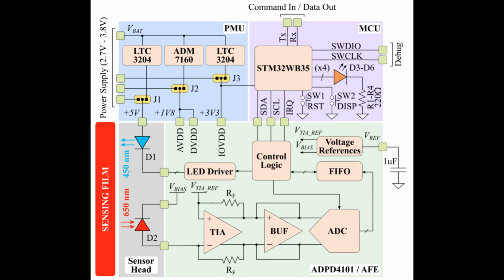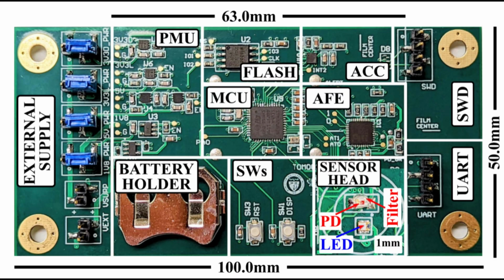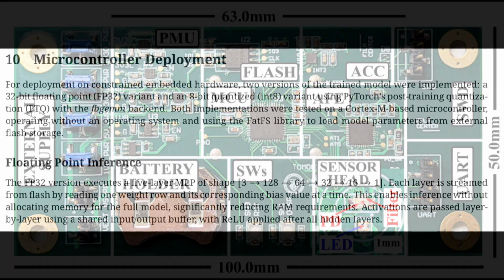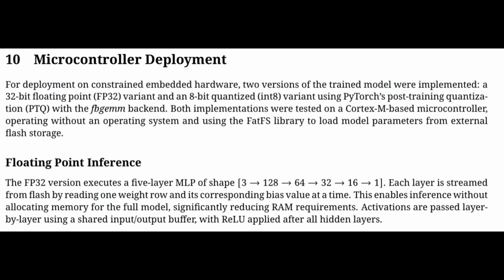I want to talk about the embedded deployment now. I deployed both models, floating point and quantized, to an STM32WB35 microcontroller. The FP32 version streams one row of weights at a time from the external onboard flash, layer by layer, using a scratch buffer, so we reuse the same buffer for activations.